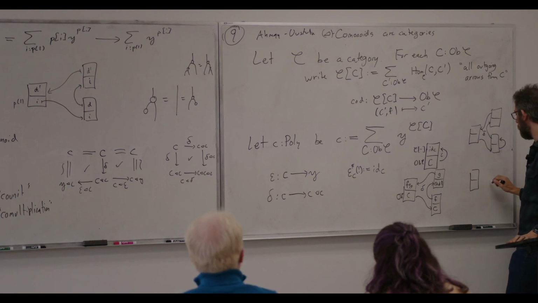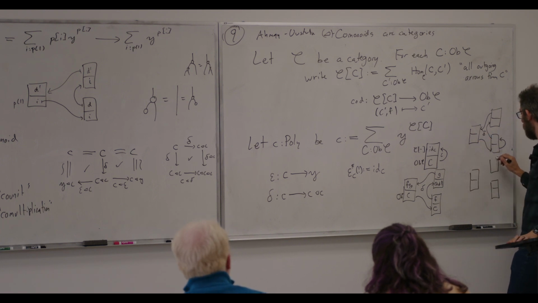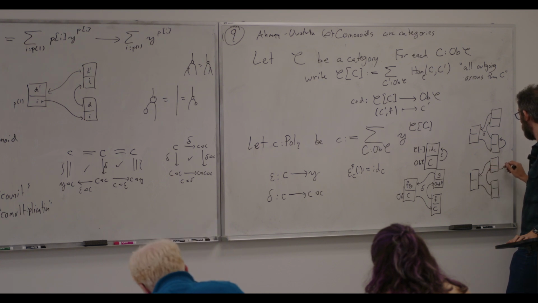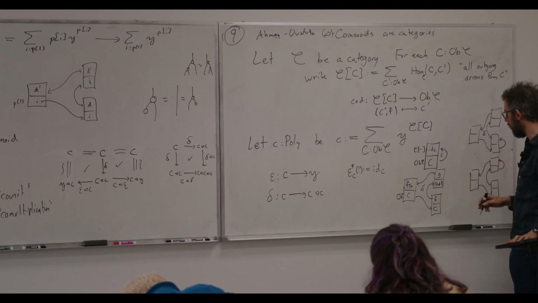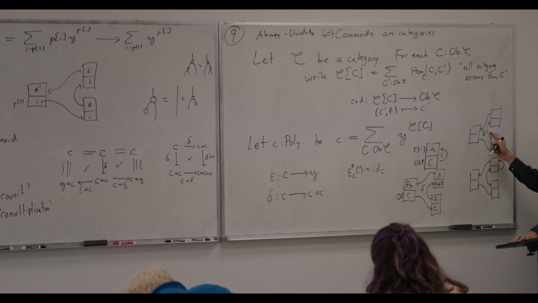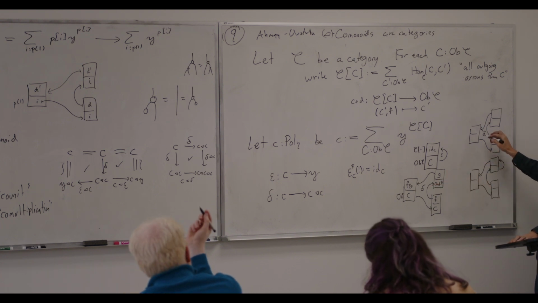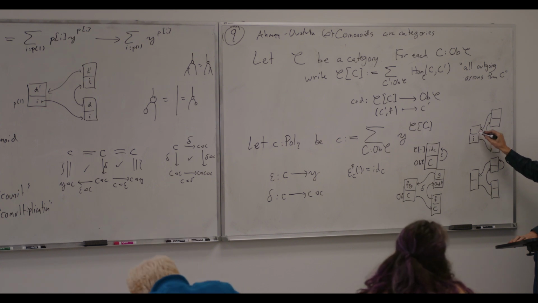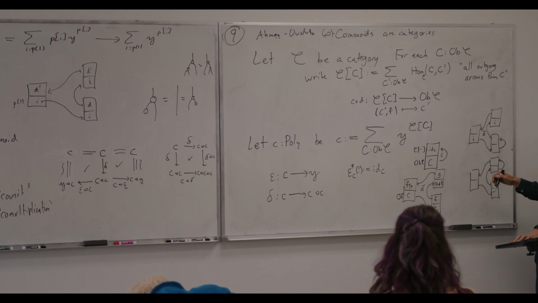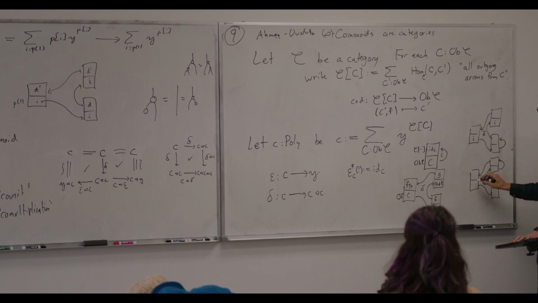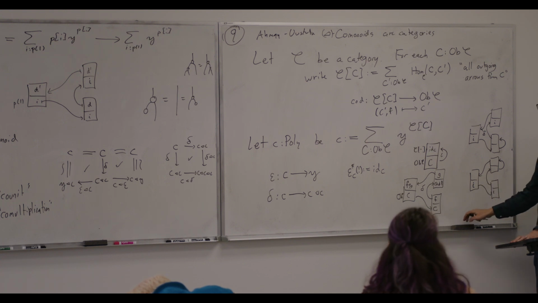So let's do that. We're expecting that if we run delta and then epsilon on either side, that the symbol here, we're expecting to find that there. And we're expecting to find this symbol here, whatever it might be.